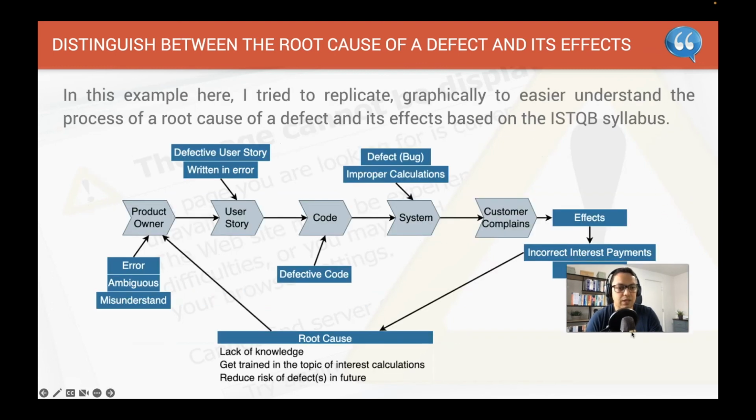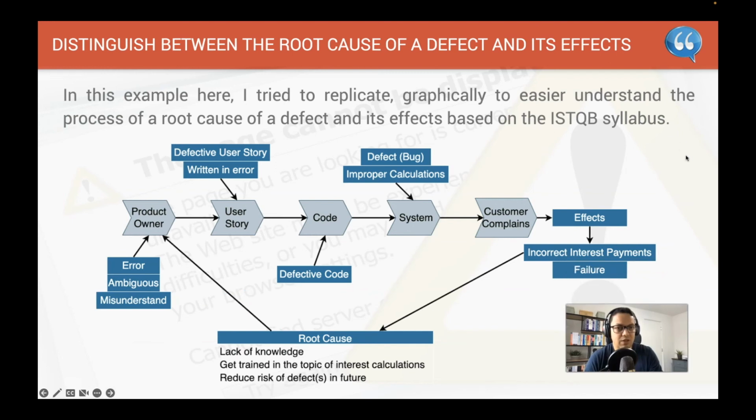So I put this drawing here to help explain the root cause so you understand where it comes from. Let's say a product owner works with the business users, gathers all the information, and works with the business analyst to write the documentation and get it ready for the user story. But from the beginning, they capture something that is an error.